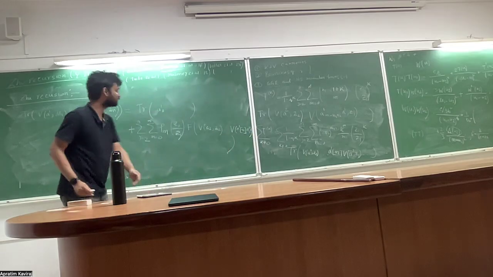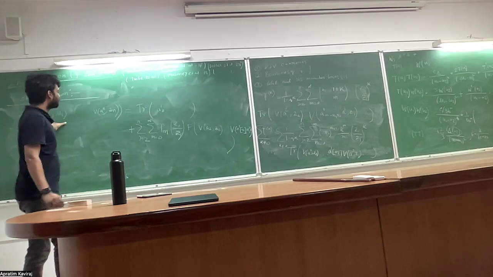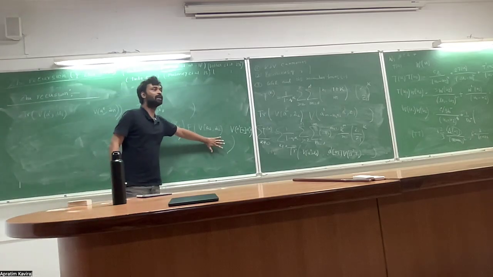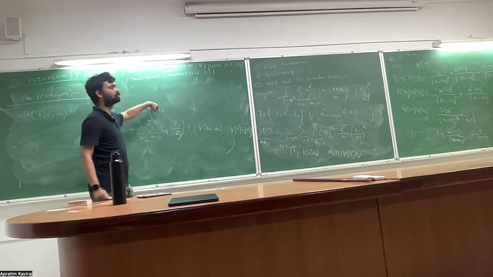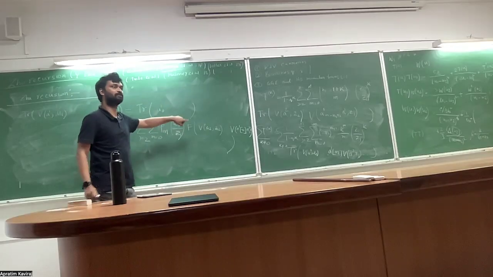So now, as you can see, the n-point function is a sum over n minus 1 point functions, and there is an n minus 1 point function with a zero mode insertion. That's why you can solve this recursively.